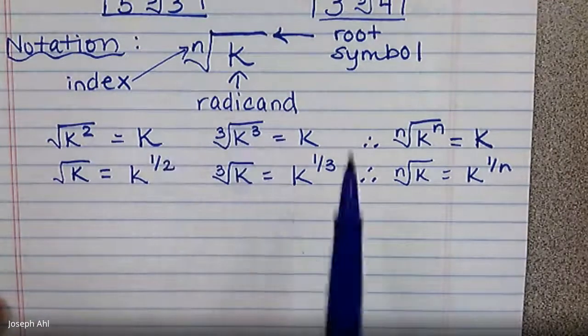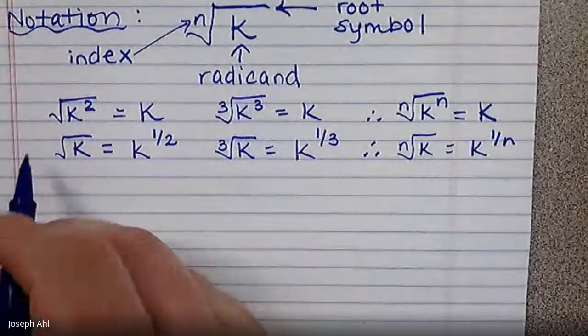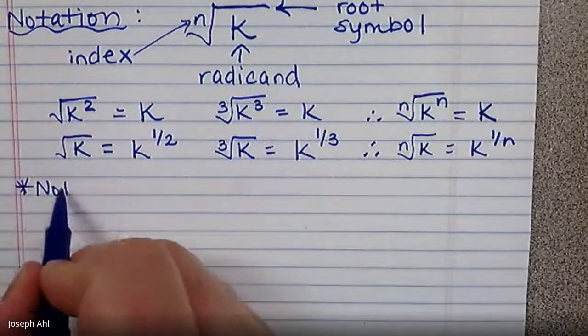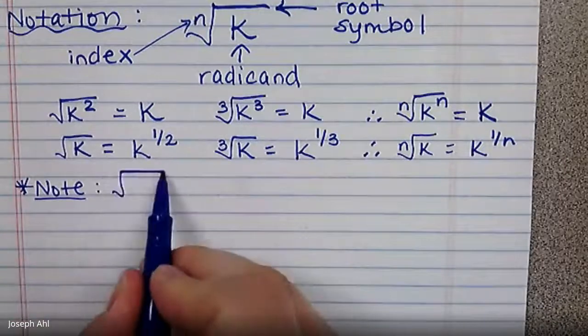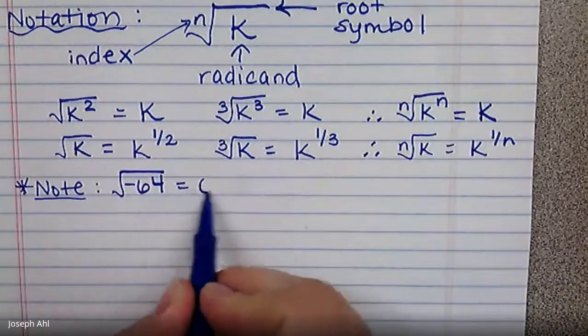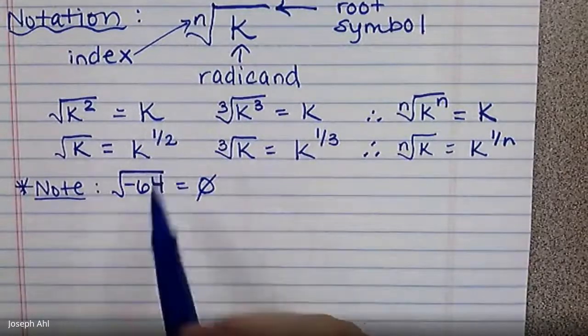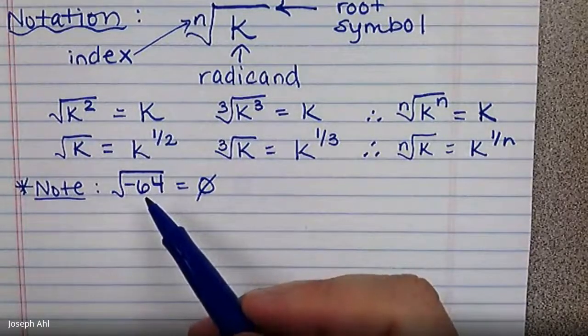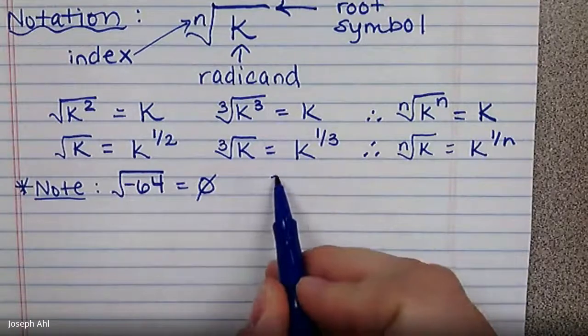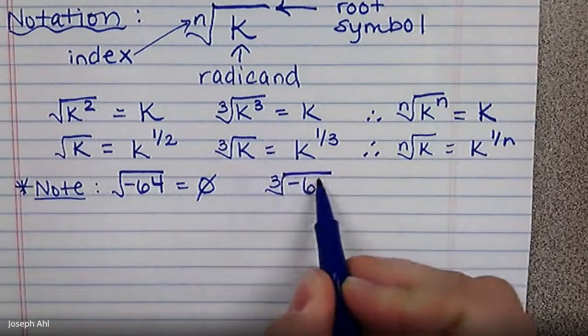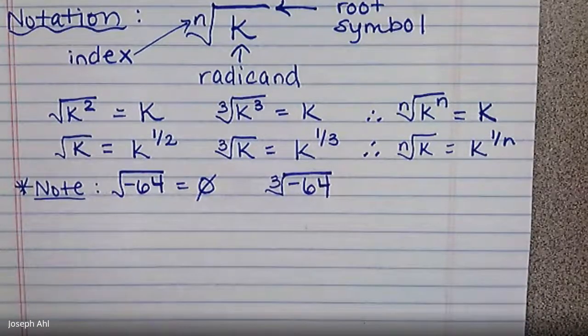And now that we've seen a little bit more with cube roots, a quick note here is from our discussion at the beginning today, the square root of something like -64 is a non-real answer, right? Nothing times itself will ever be -64. But what about this now? Cube root of -64.